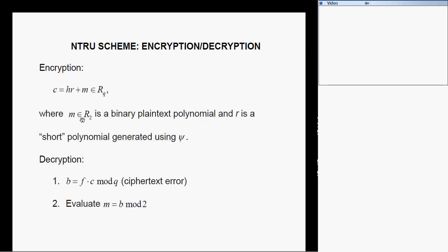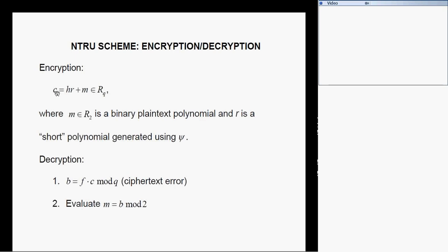Note that in this case, the polynomial has only binary coefficients, so zeros or ones. P equals 2 in this case. Equivalently, you can say that the plain text modulus equals 2, those are interchangeable. And R, like we mentioned, is a short polynomial. This particular polynomial is called in the lattice crypto world the ciphertext error.